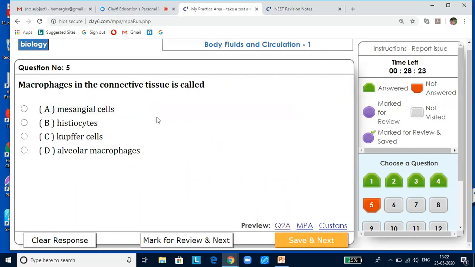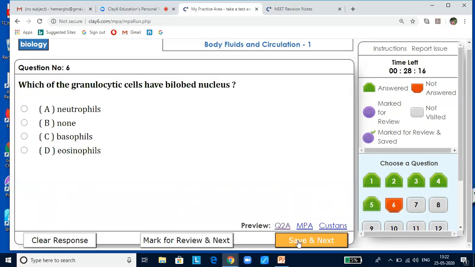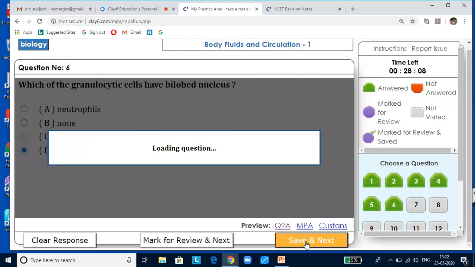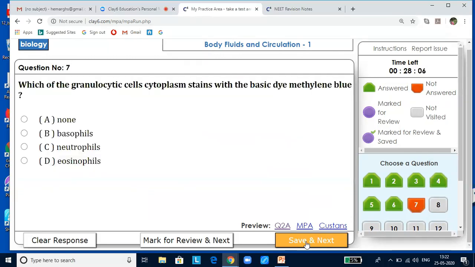Macrophages in the connective tissue are called histiocytes. Which of the granulocytic cells have a bilobed nucleus? Eosinophils. Which of the granulocytic cells contain cytoplasm that stains with the basic dye methylene blue? Basophils.